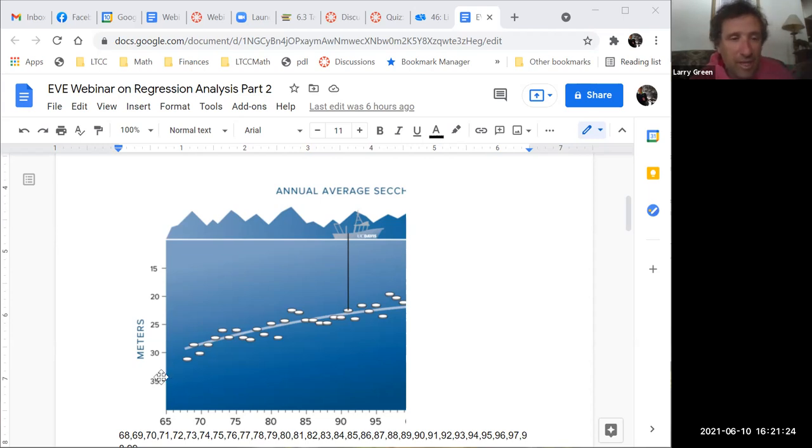So notice that it's 35, 30, 25, 20, 15. We go down as we go up, which means everything gets flipped. Does that make sense? Again, that's not a statistics thing. That's just UC Davis's thing. And they wanted to make it look good in terms of the boat and stuff.